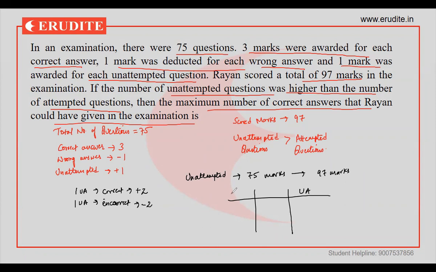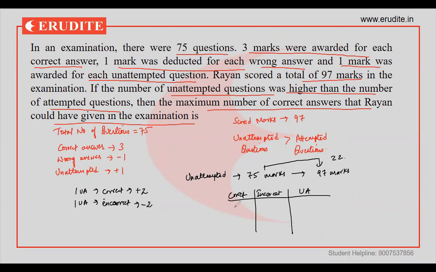Now, I'm making one table here. Unattempted questions, correct one, incorrect. So out of 97 marks, out of 75 questions, he's getting 75 marks. How much lesser? 22 lesser marks, right?